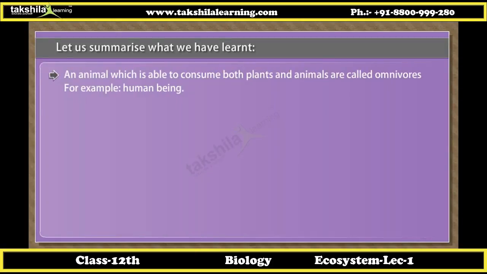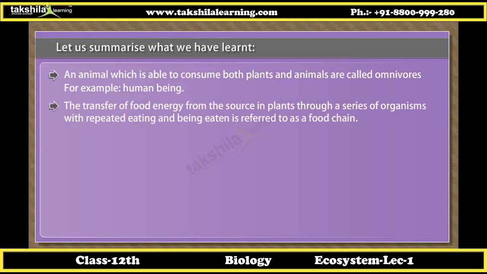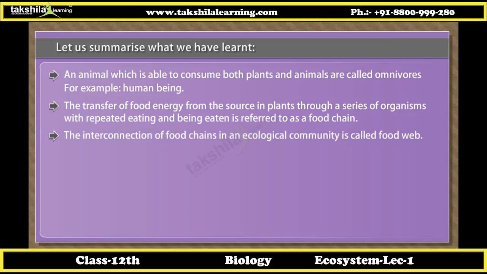An animal which is able to consume both plants and animals is called an omnivore, for example, human beings. The transfer of food energy from the source in plants through a series of organisms with repeated eating and being eaten is referred to as a food chain. The interconnection of food chains in an ecological community is called a food web.